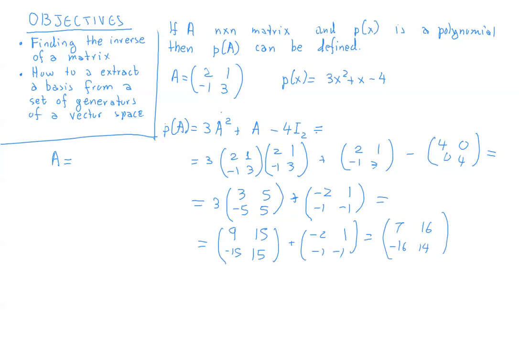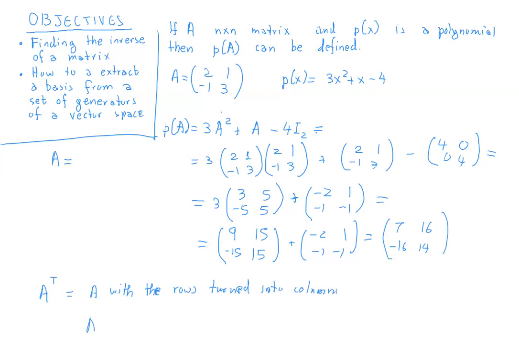Okay, then I would like to note that A with a T, according to the notation that we have introduced for vectors in Rn, this is A with the rows turned into columns and the columns into rows.